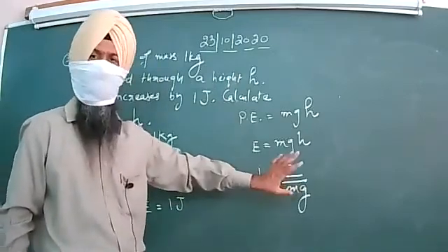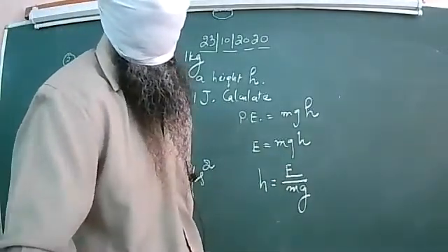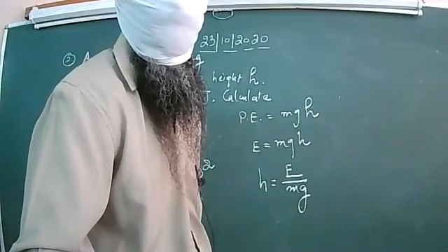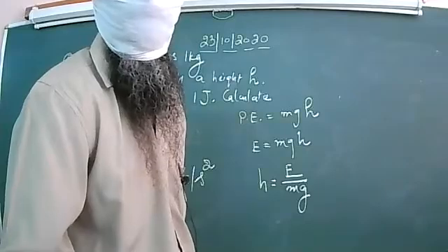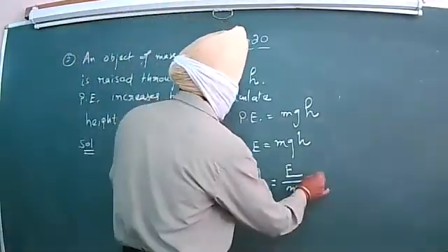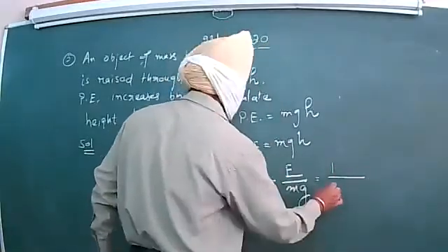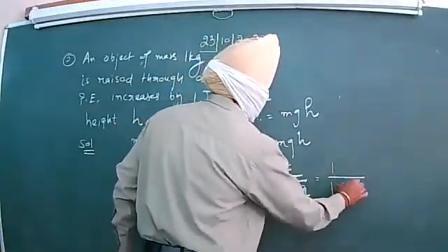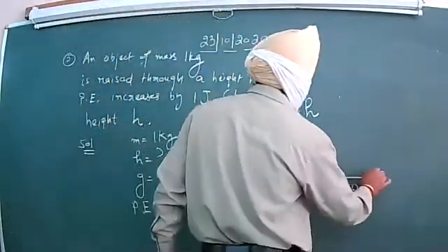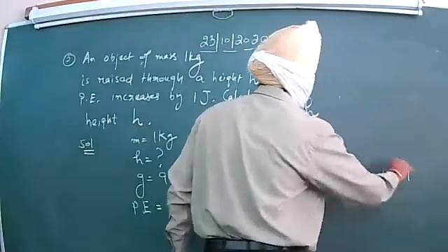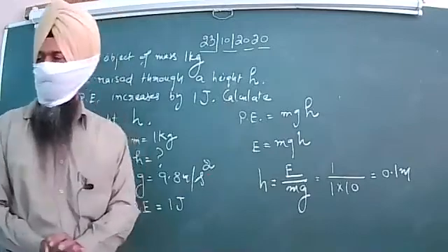Put the values after solving this. So energy 1 joule, mass 1 kg, G let me take it 10 for simplified calculation. So this height is equal to 0.1 meters. In this manner, beta, we can calculate the height attained by the object.